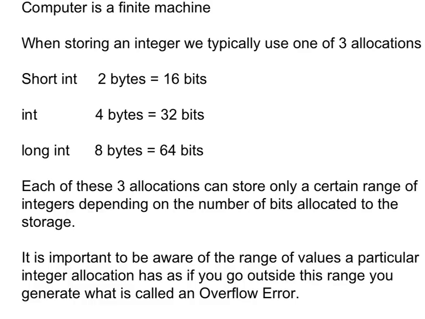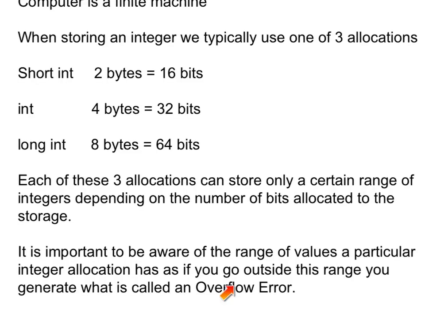Now, each of these three allocations can store only a certain range of integers, depending on the number of bits allocated to the storage. It is important to be aware of the range of values a particular integer allocation has, as if you go outside this range, you generate what is called an overflow error.